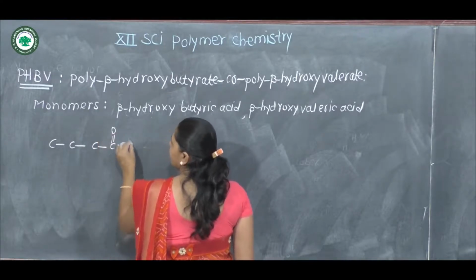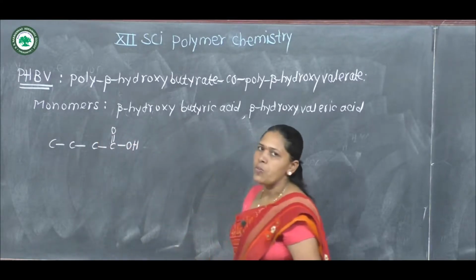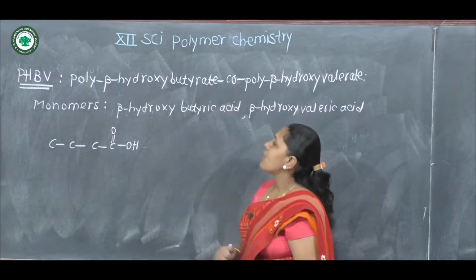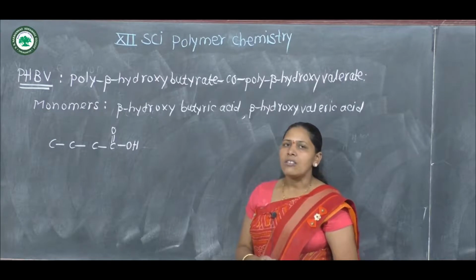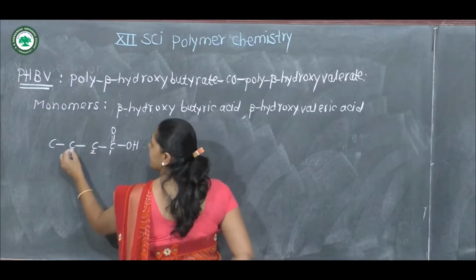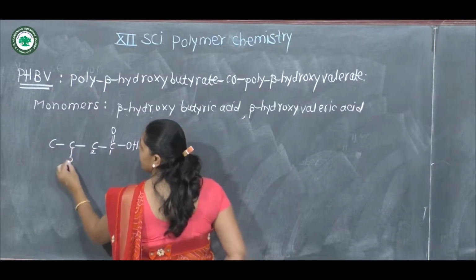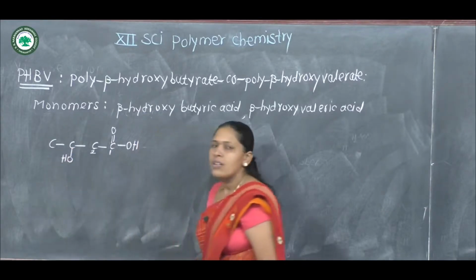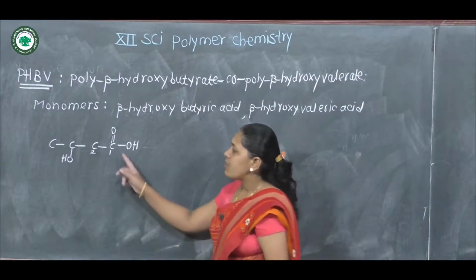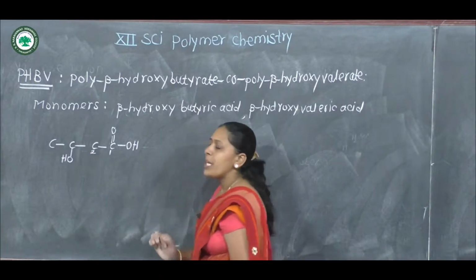It consists of the COOH functional group because it is a carboxylic acid. This is the first carbon atom, second carbon atom, third carbon atom. At the third carbon atom there is an OH hydroxy group, that is an alcoholic functional group. Therefore, it is 3-hydroxybutanoic acid.